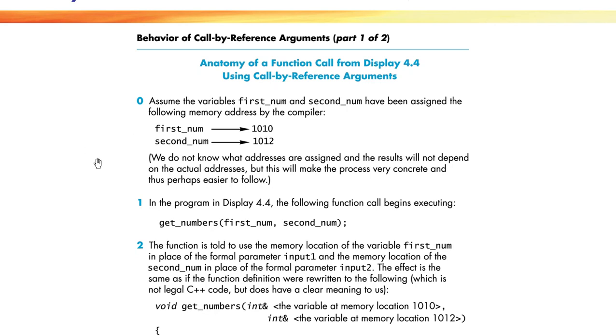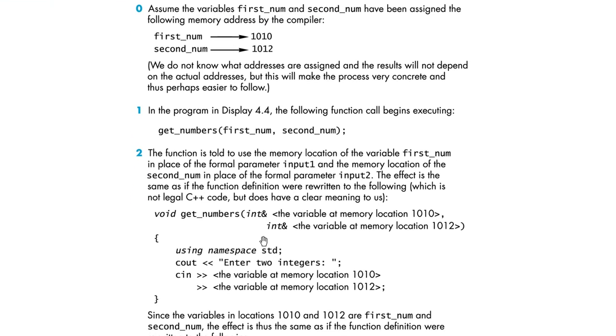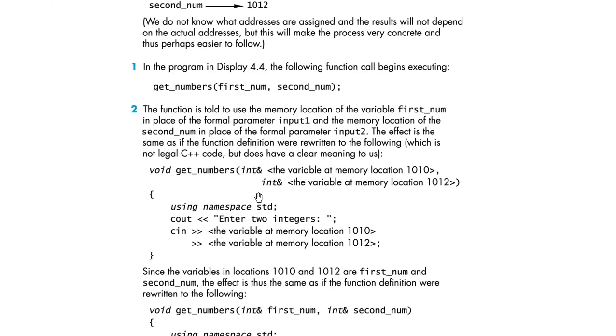Next, in our previous example, remember that we have the following function call for getNumbers, in which we provide the arguments first num and second num. The function is told to use the memory location of the variable first num in place of the formal parameter input 1. If we look back, this is what happened in our previous example.